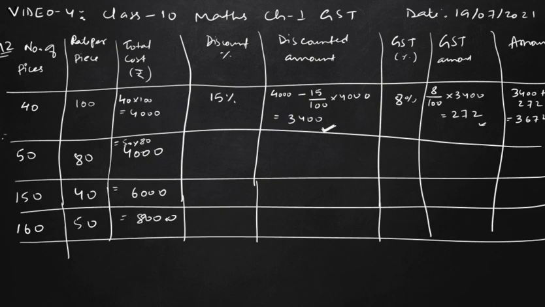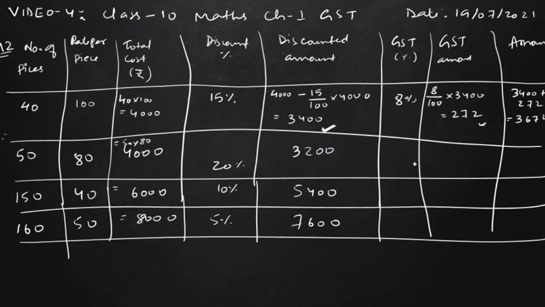Okay, so the discount percentages were 20%, 10% and 5%. So calculate 20% of 4000 and subtract it from 4000. After subtracting we will get 3200, and likewise calculate on your own to check whether these numbers match or not.